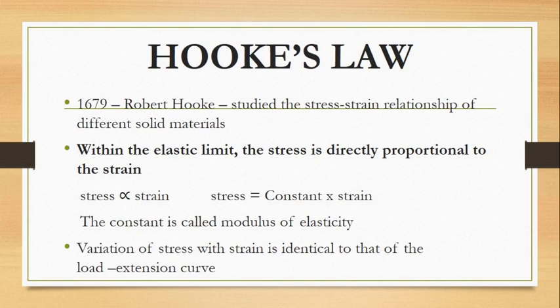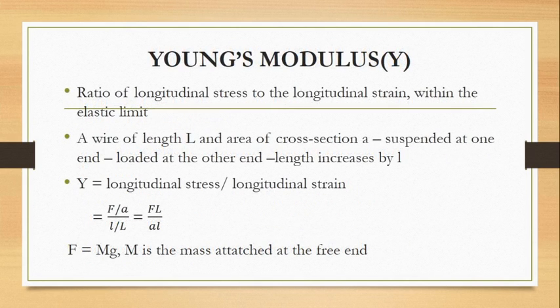And as there are three types of stresses and strains, there are three types of modulus or moduli of elasticity. So the first one is Young's modulus Y. It is the ratio of longitudinal stress to the longitudinal strain within the elastic limit.